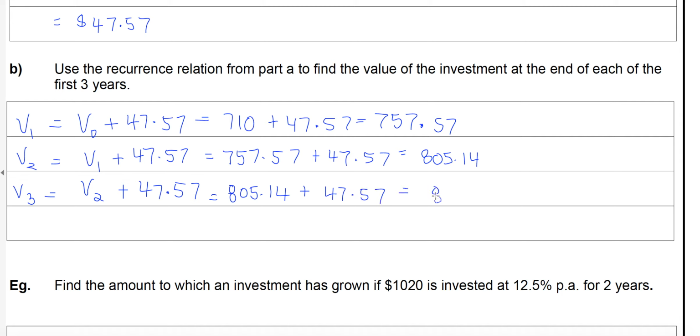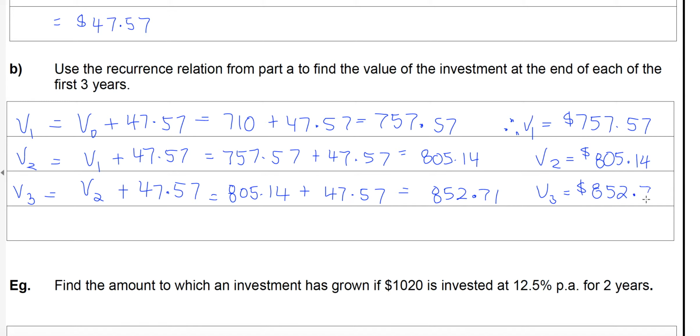Okay, so therefore our three values are, or I might just say B1, sorry, 757.57, and 852.71. There we go. So just like before, we were using that recurrence relation.